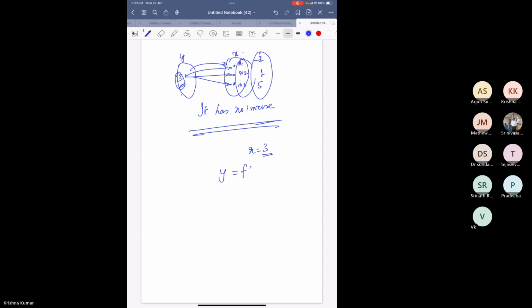Please note that what we are looking at is a deterministic function. So if I plug in a value of 3, I should be clear that it should take me to one value. So if I put 3, it has to take me to, say, 6.